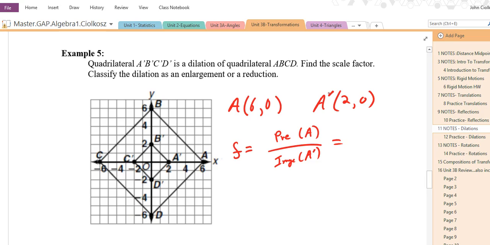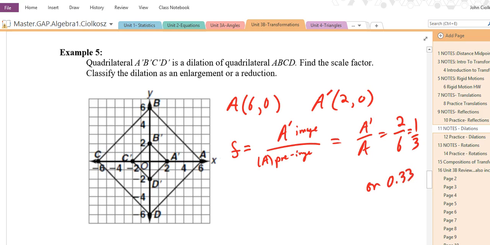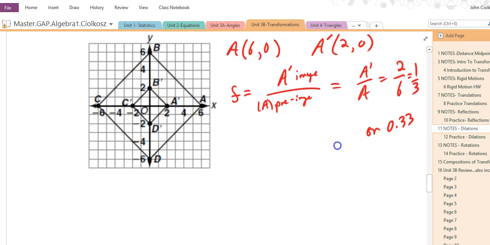I wrote that formula upside down. My bad, guys. It'd be A prime, so our image, divided by our pre-image. So in this case, A prime divided by A, which is 2 over 6, which gives me 1/3, or you could get 0.33. Either one of those answers is fine by me.